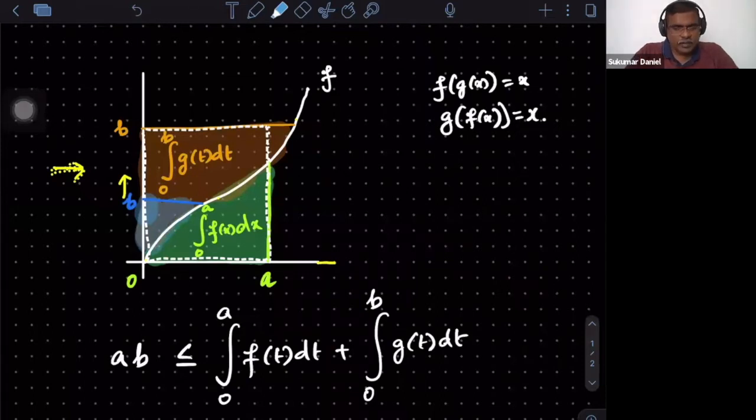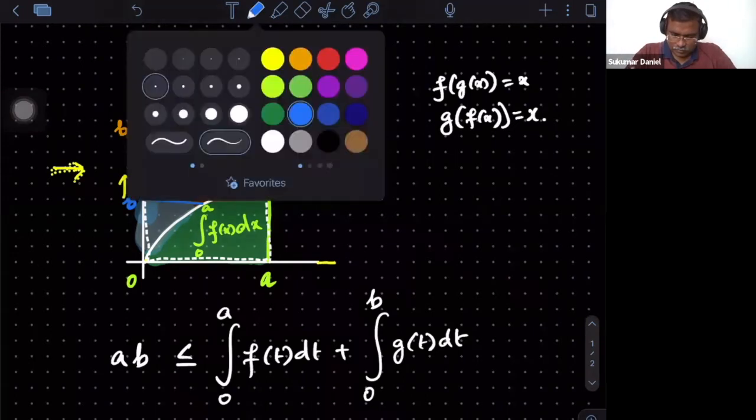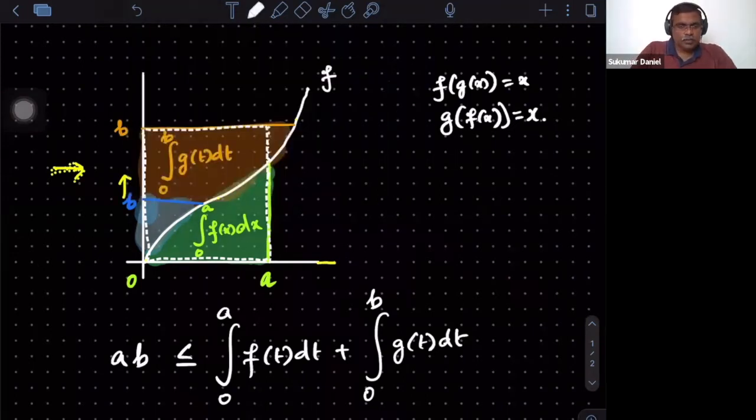Now is this inequality still true? So the previous inequality holds because this portion is not covered. But if I take b to be like this, can you see that a into b will be this? So this portion will not be counted.